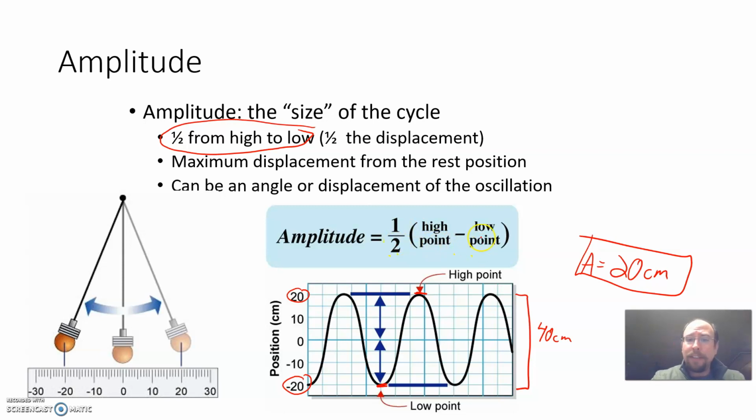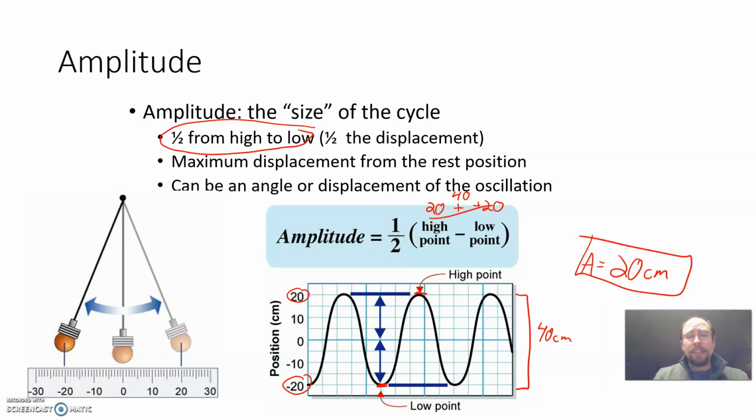It's half high point minus low point. So even if you do this, the high point, we said it got up to 20, minus the low point, it got down to negative 20. And if you subtract a negative, you're really adding. It becomes 40. And it's half that. You still get 20 centimeters. So either way, it works out.